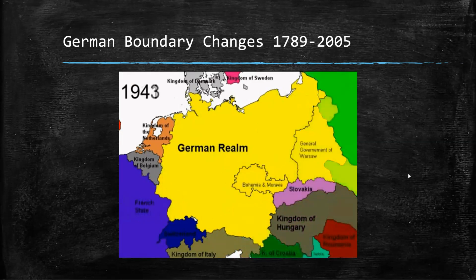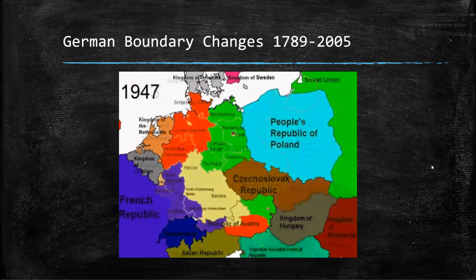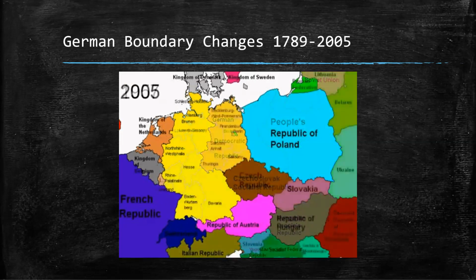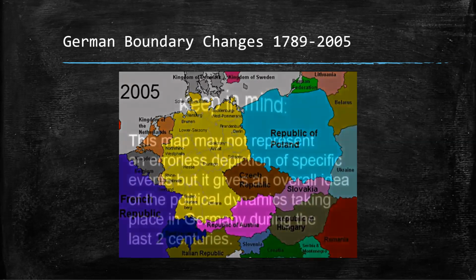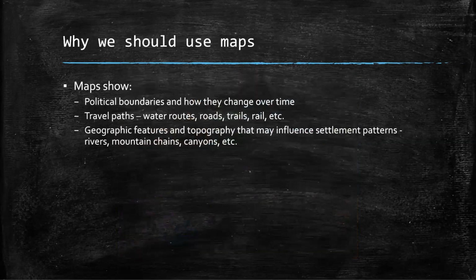And see, prior to World War II, you see all of the yellow. And then we go to post-World War II, and then you'll see the combining of East and West Germany. So you see how frequently these borders change. And this is what's going to lead to confusion while you're looking for your ancestors' nations.